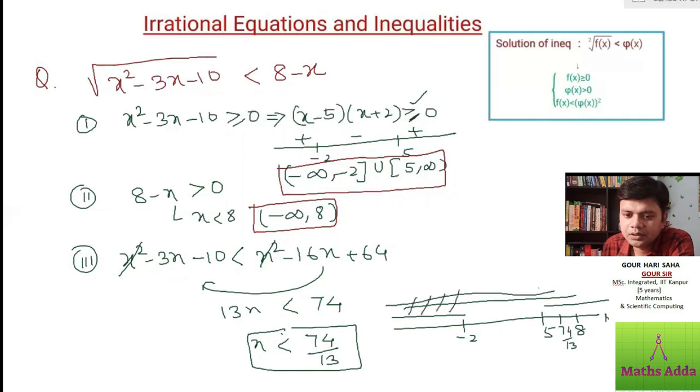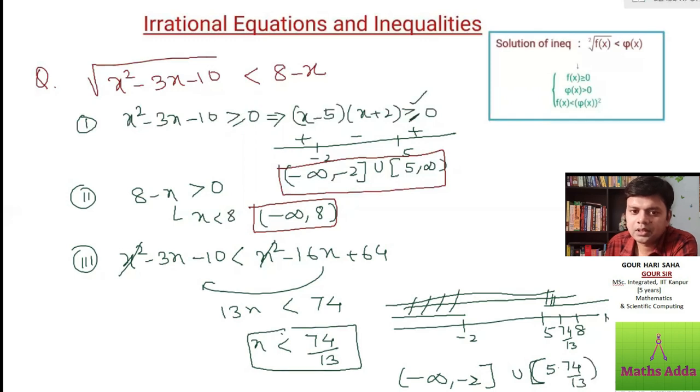I see this is common as well as this part is common. It is minus infinity to minus 2 union 5 to 74 by 13. This is our final answer.